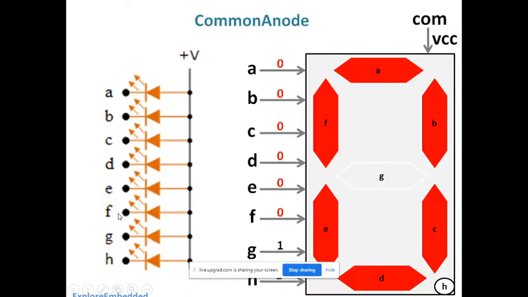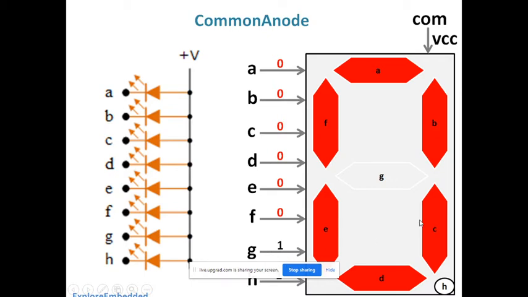Now these 7 segments are connected in this fashion, and these are the terminals. In common anode, this is connected to our controller, one of the ports of the 8051. We know that the 8051 has 4 ports: port 0, port 1, port 2 and port 3. You can connect terminals A to H to any of these pins.